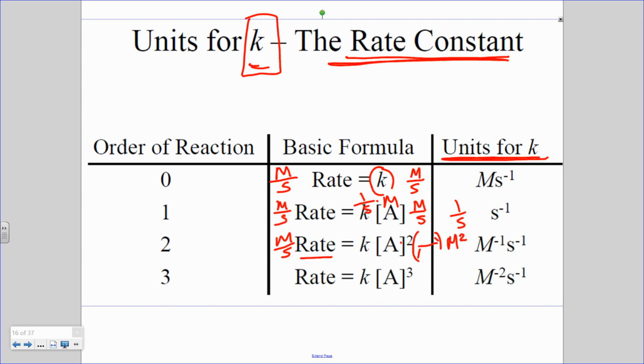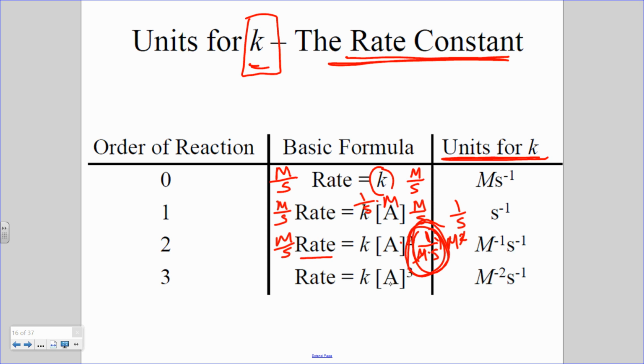So I have molarity times seconds. And when I do that, this molarity will cancel out one of those, and I'll have molarity over seconds. So the unit of K, this is K right here, is 1 over molarity times seconds. Another way to write that is molarity to the minus 1, seconds to the minus 1.